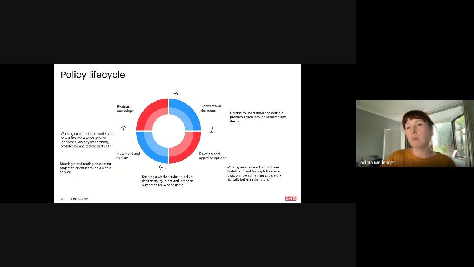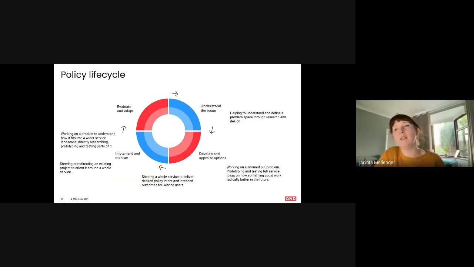When we're into the policy phase of developing and appraising options, UCD practitioners might be working on a zoomed out problem, prototyping and testing full service ideas, or showing how something could work radically better in the future. In between the develop and appraise options stage and actually implementing and delivering a policy intent, we might be helping to shape a whole service to deliver desired policy intent and intended outcomes for service users.